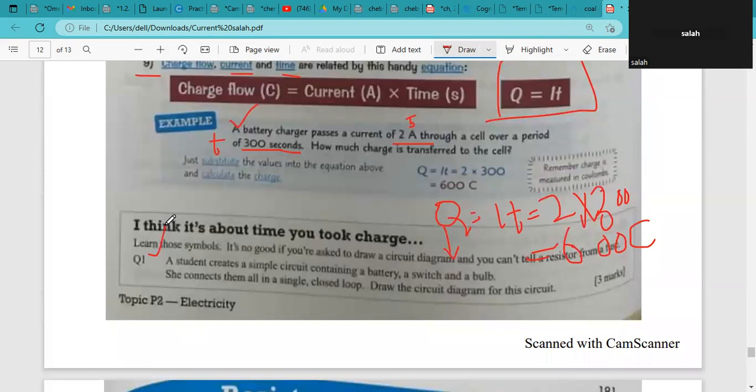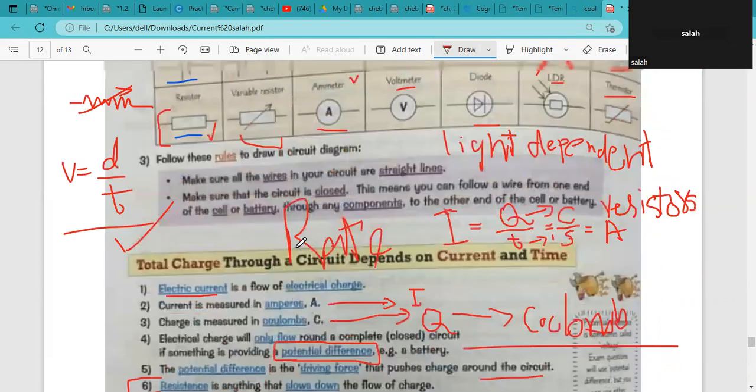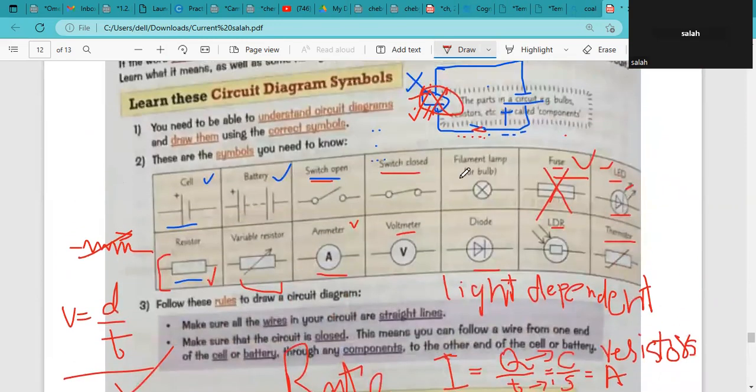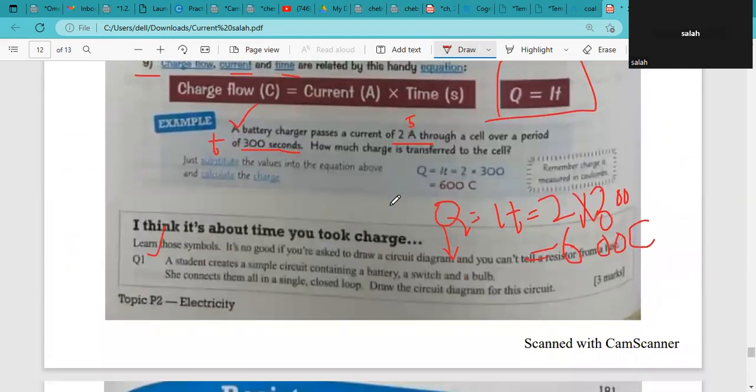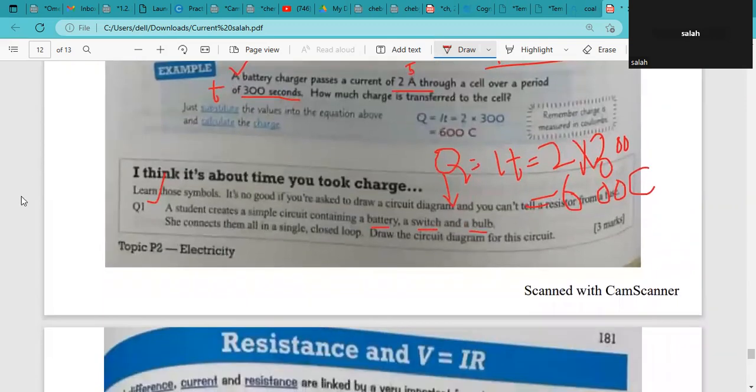They're asking us to draw, and when we draw, we will use the symbols from this table. We need to choose from the table the battery, switch, and bulb, and draw a circuit like this.